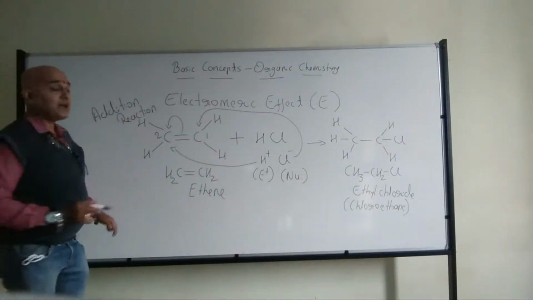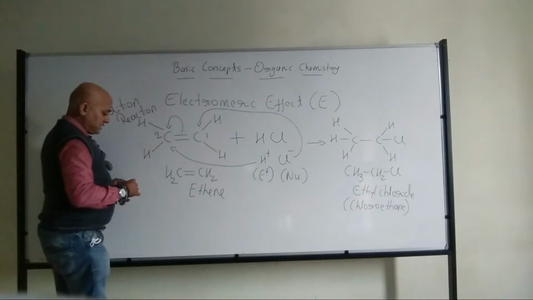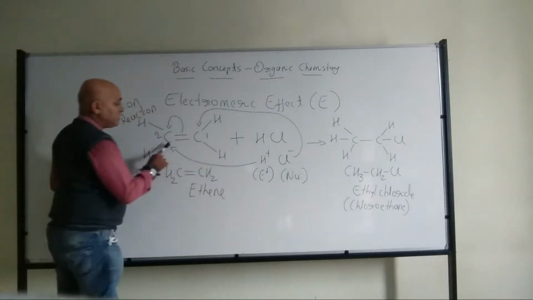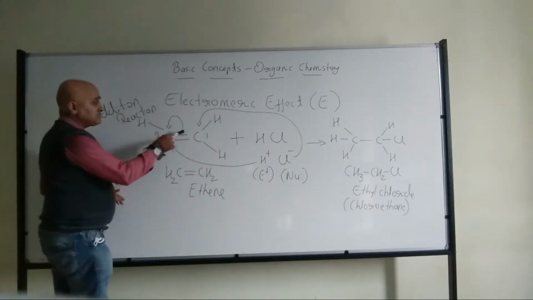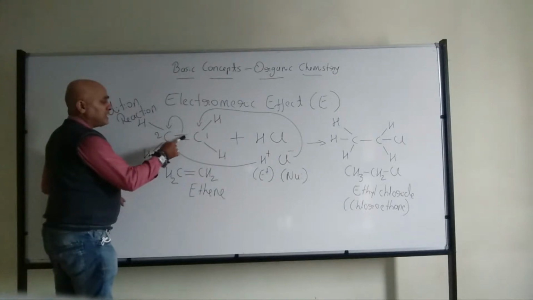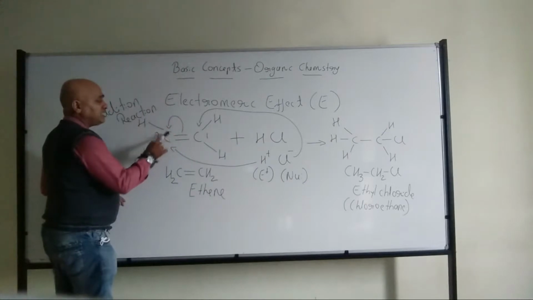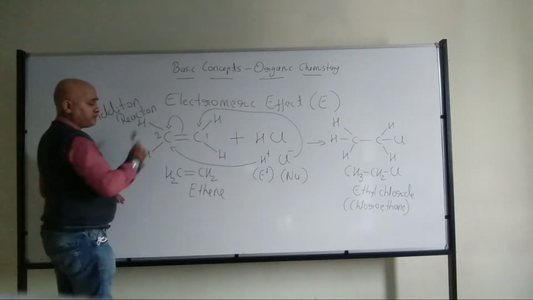Now what is happening? Carbon 2 is taking up the electrophile, which is the electron deficient species. So whatever pi electrons are there, one electron belongs to carbon 1, and even that will be taken by this particular carbon 2.